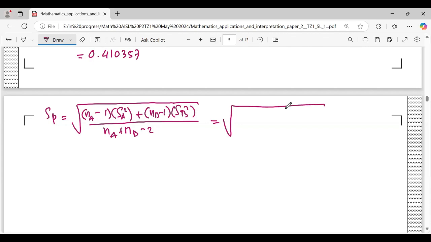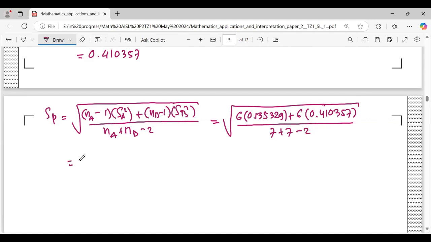It is the square root of 6 times 0.135329 plus 6 times 0.410357, over 7 plus 7 minus 2.